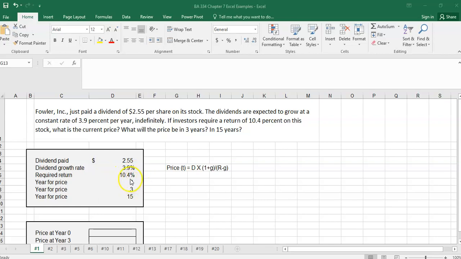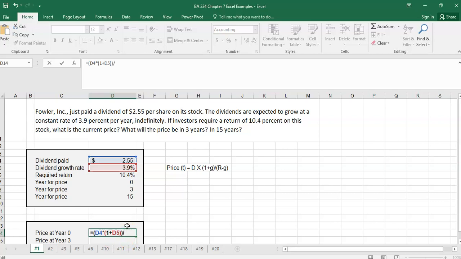So for the stock price today, that calculation is just this dividend times 1 plus the growth rate. So 1 plus our 3.9%. Oh, and we need to make sure we have parentheses around that, and then divided by the rate of return minus the growth rate.